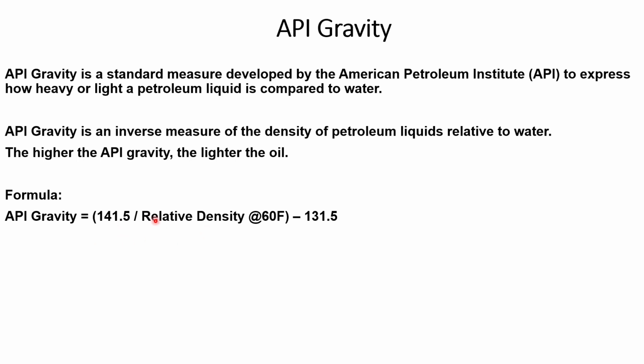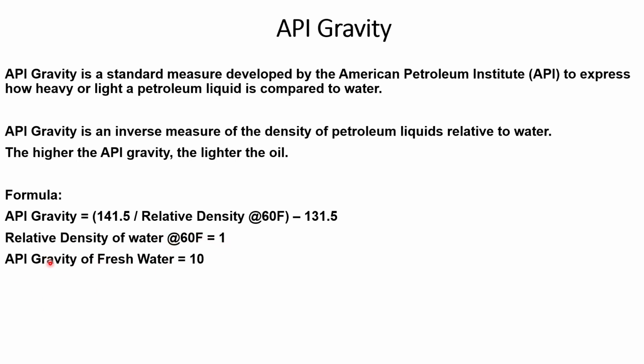The formula for that is API gravity equals 141 divided by relative density at 60 degrees Fahrenheit, minus 131.5. Suppose you are getting the API gravity of water. In that case the relative density of water at 60 degrees Fahrenheit is 1, so we get an API gravity of 10.